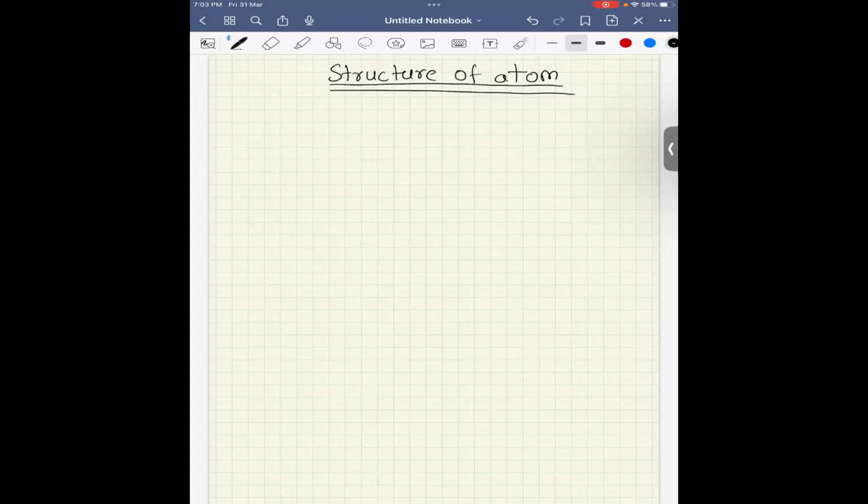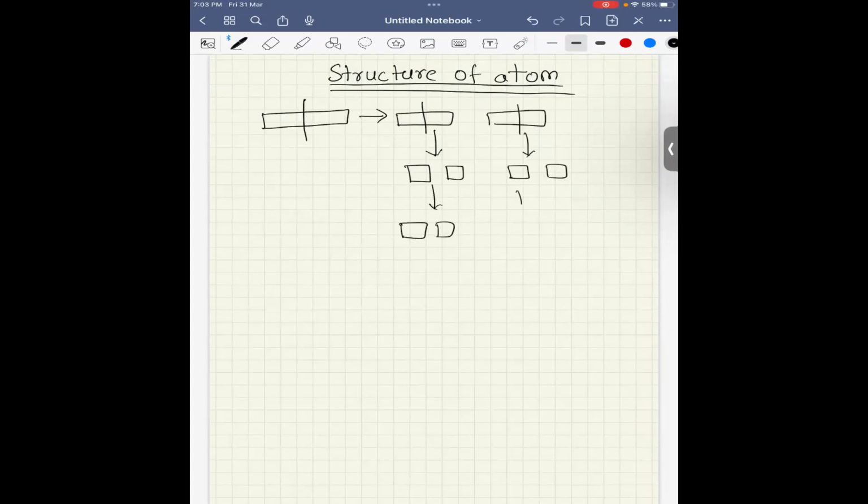You can think of it this way: you take an iron rod and break it into two pieces. Those two pieces can further be broken down into two pieces, and again those can be broken down into two pieces, right? So a point comes wherein we cannot break it down.